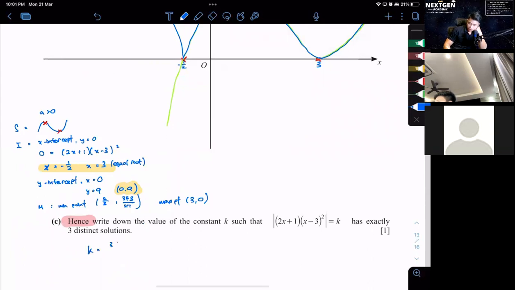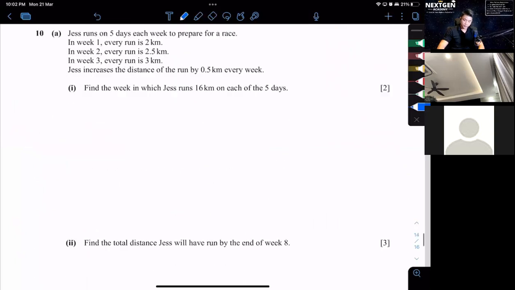Your k will be 343 over 27. Okay, 343 over 27. Okay, good. Understand? Okay, next one.